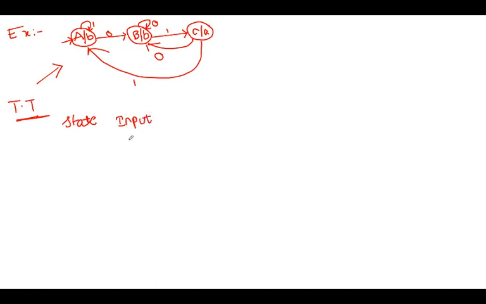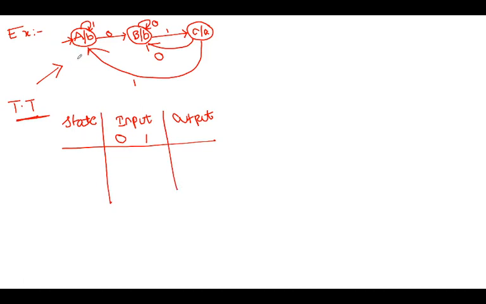Input symbols are 0, 1. In the above diagram we have chosen only 0, 1. Then output. We have to write the transition table for it.